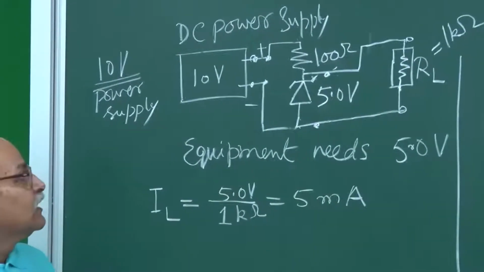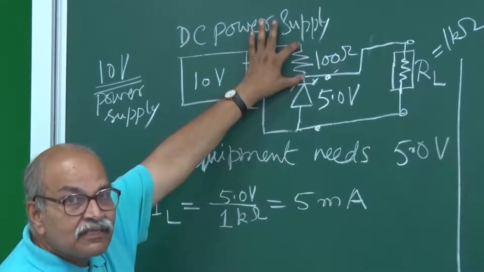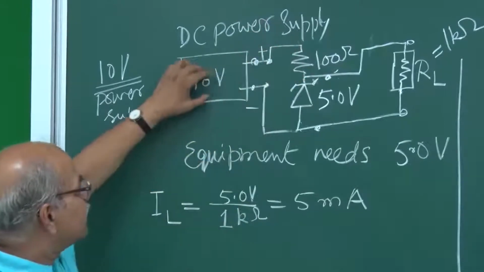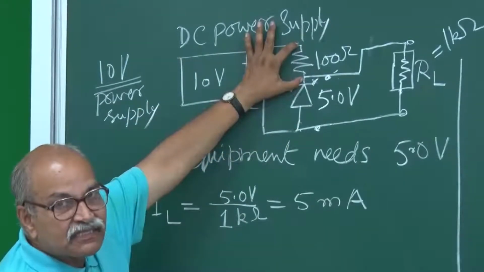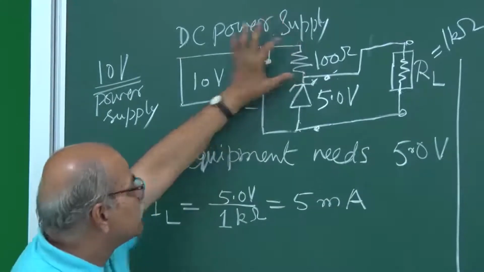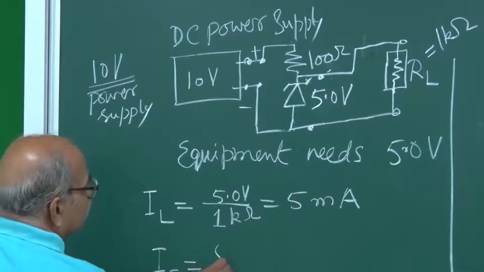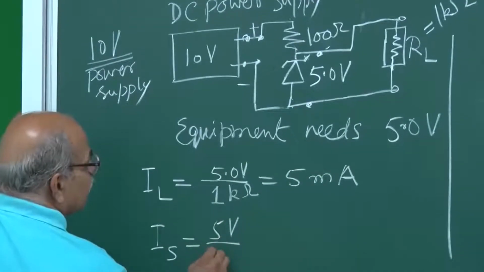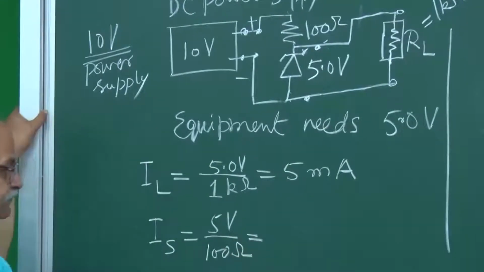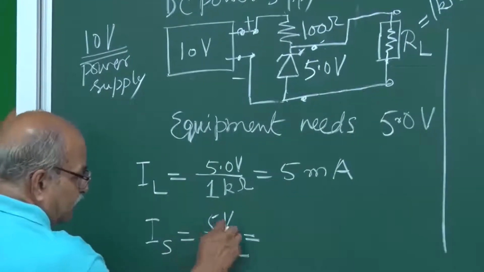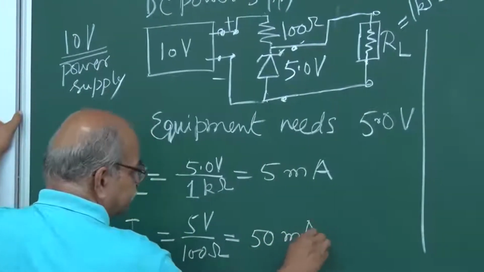Okay. And now what is the current through this RS? Again, if this is 10 volts, this is 5 volts, this will be 5 volts. So what is the current here? Now IS is equal to 5 volt divided by 100 ohm. How much is this? This is 0.05 ampere, that is 50 milliamperes.